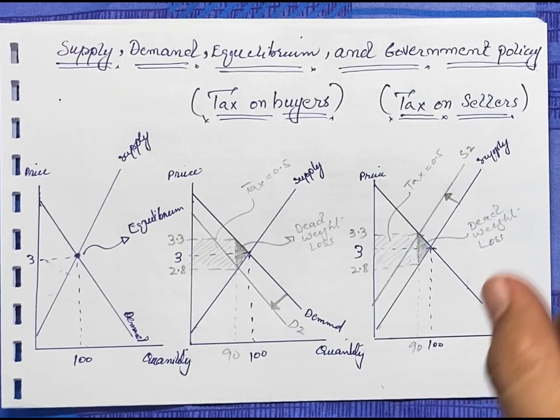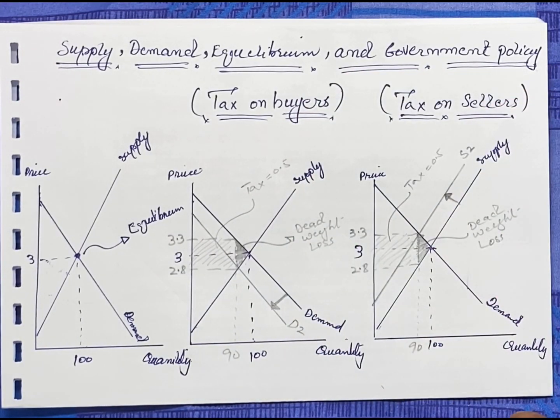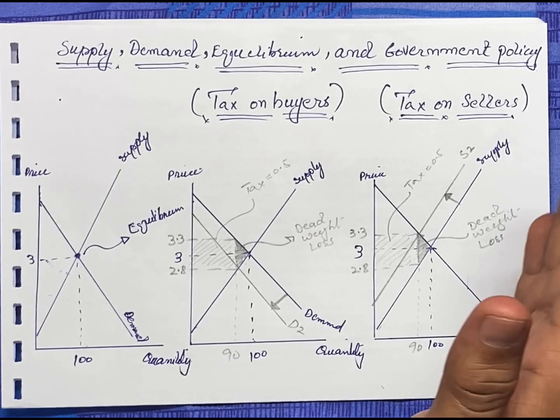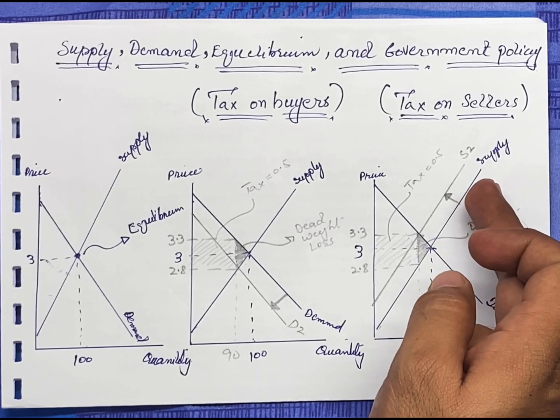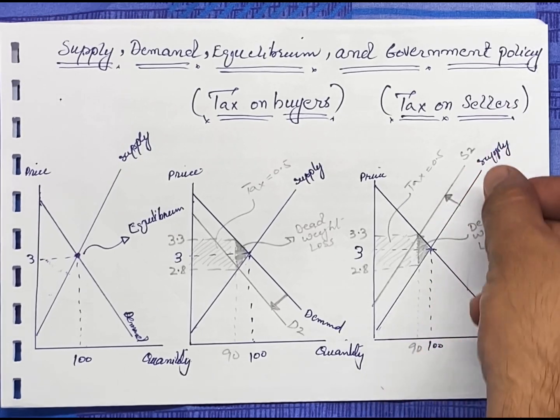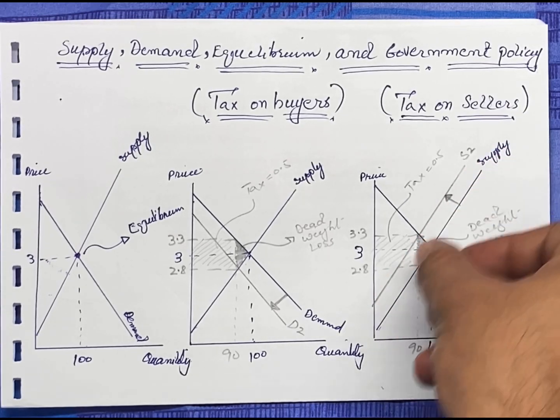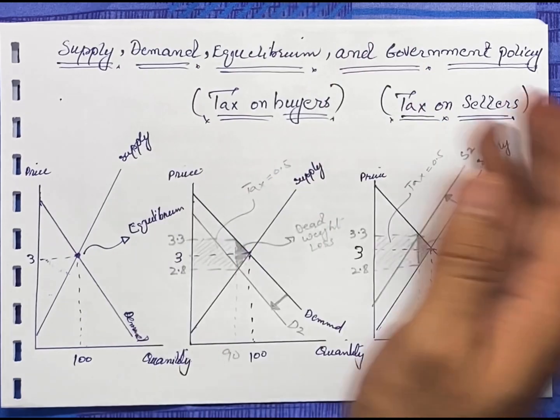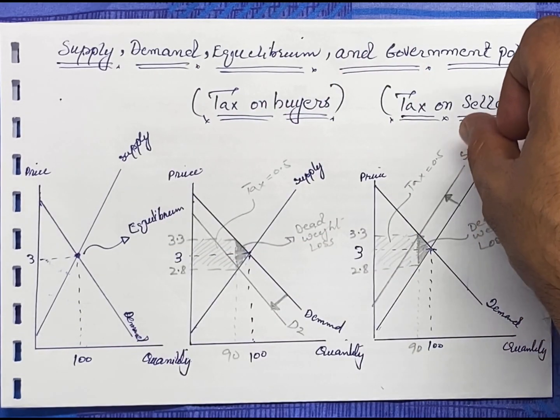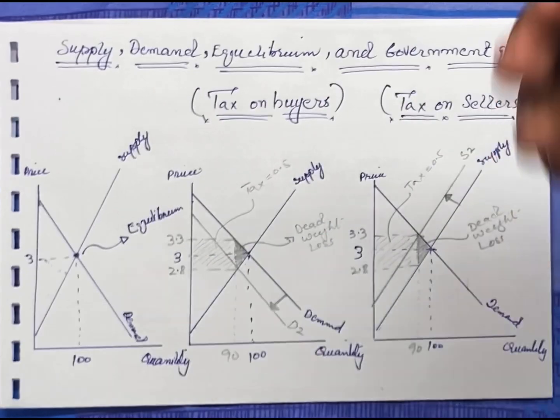For example, government wants to impose a tax on sellers. When government imposes the tax on sellers, what will happen? The supply will shift from the first supply curve, the blue one, to S2. This will be our supply curve after tax.